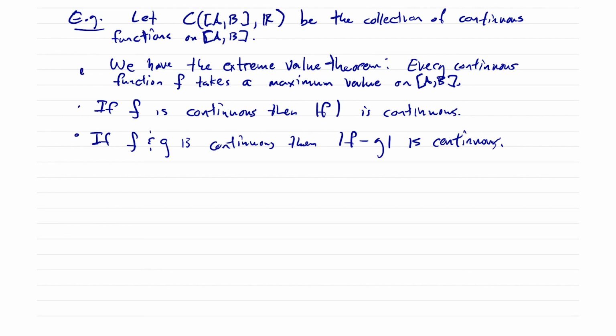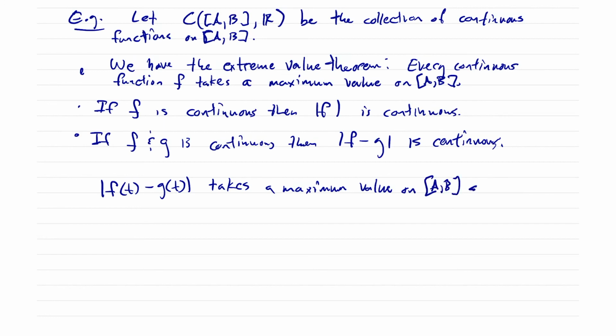So using these three ideas, we know that the absolute value of f(t) minus g(t) takes a maximum value on [a,b], and we define a metric on the space of continuous functions from a to b to R, often we'll just write C[a,b], as the maximum.